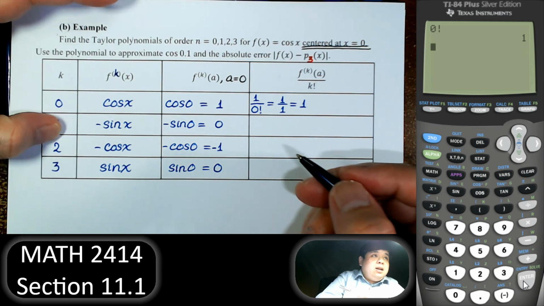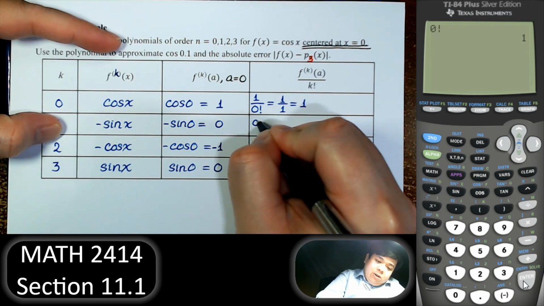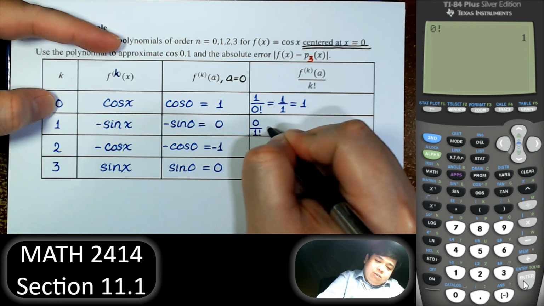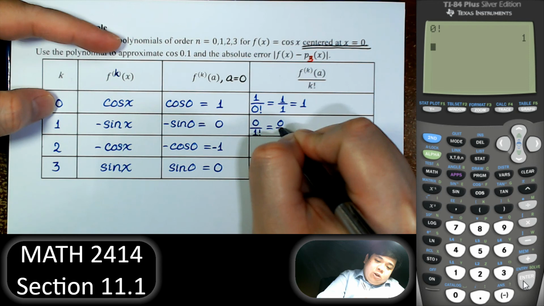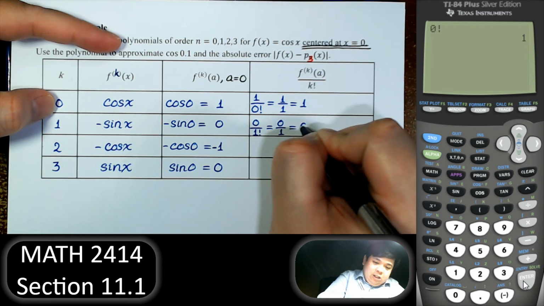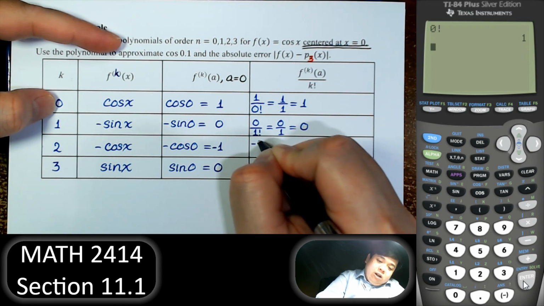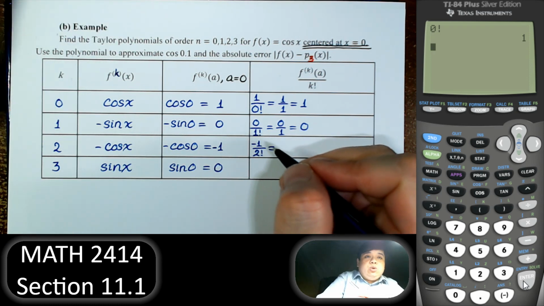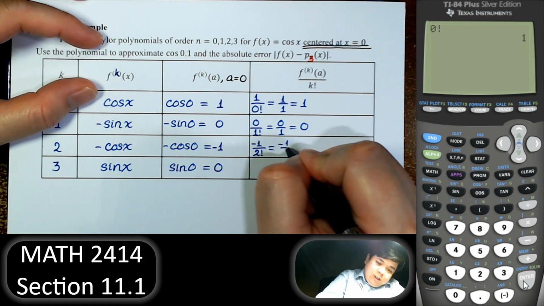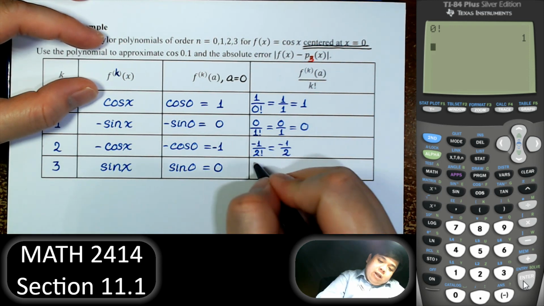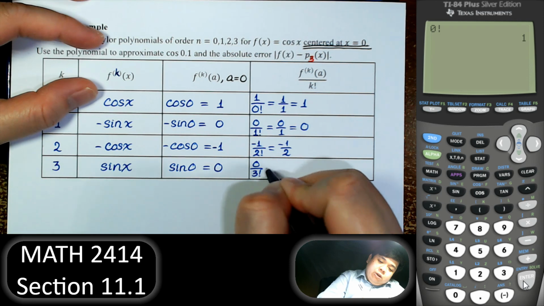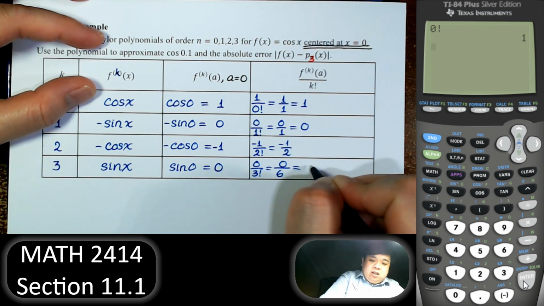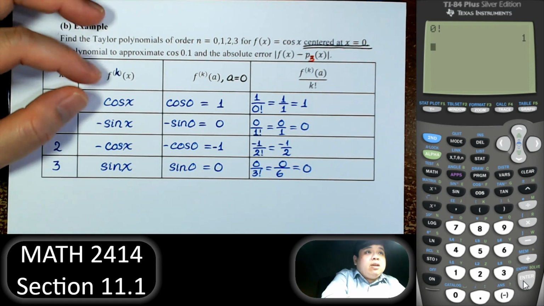Next, 0 over 1 factorial. 1 factorial is 1. Now we have negative 1 over 2 factorial. 2 factorial is 2 times 1, which is 2. And 3 factorial is 6. Doesn't matter though, 0 divided by 6 is 0. So that is what we have.